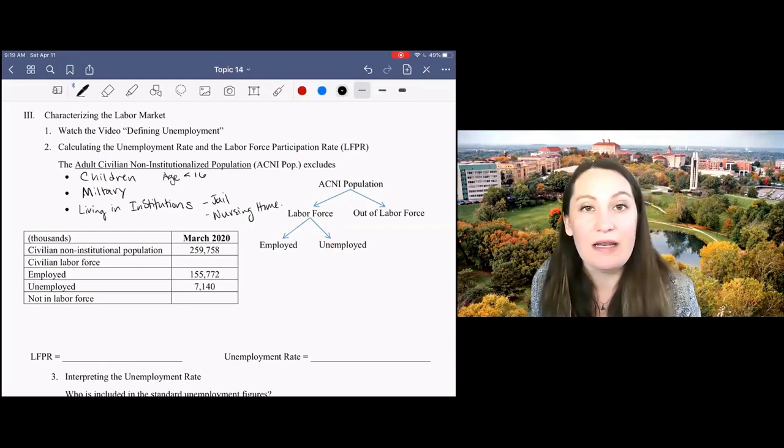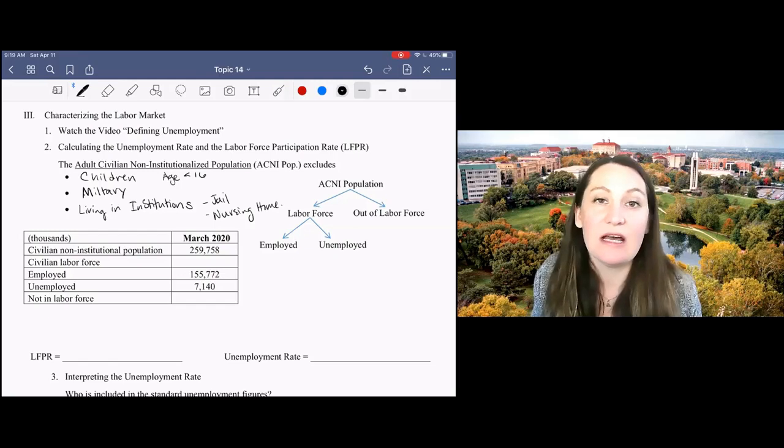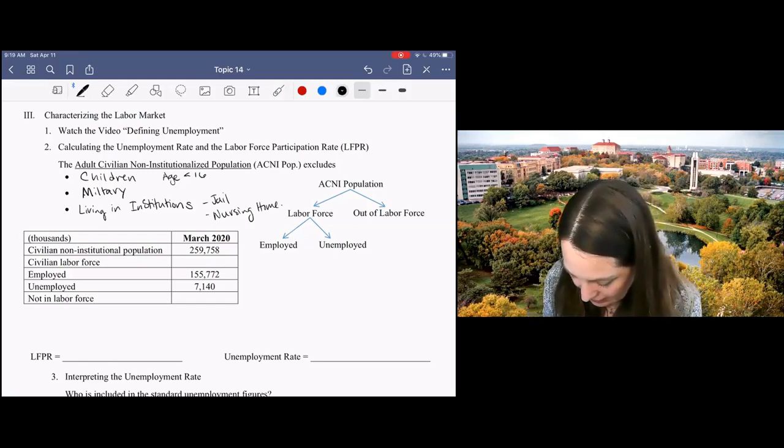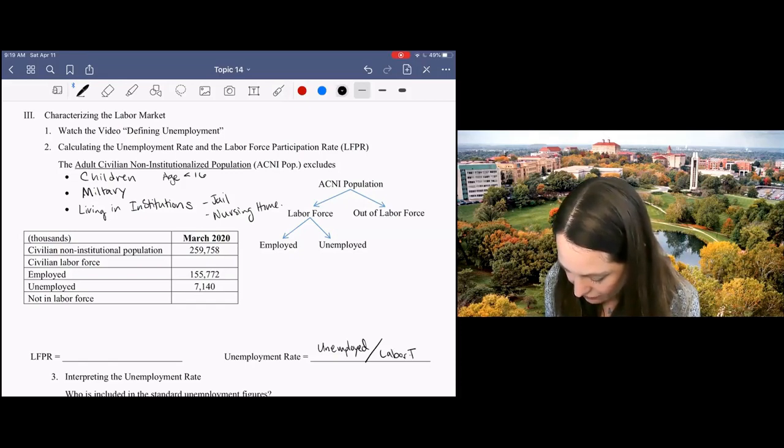What gets reported in the news is usually the unemployment rate. And the unemployment rate is a ratio of the number of people who are unemployed divided by the number of people who are in the labor force.